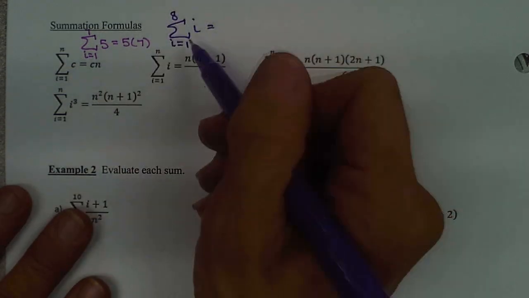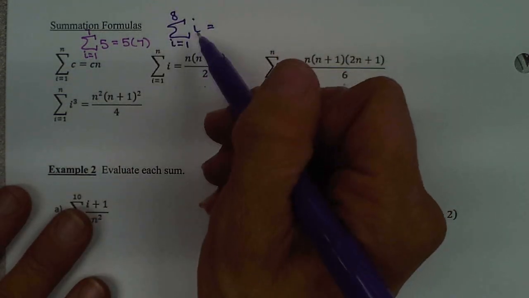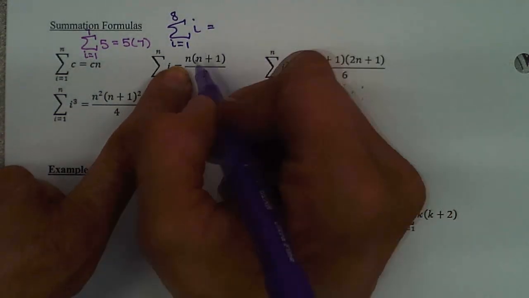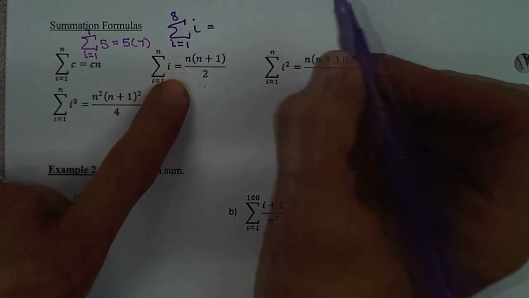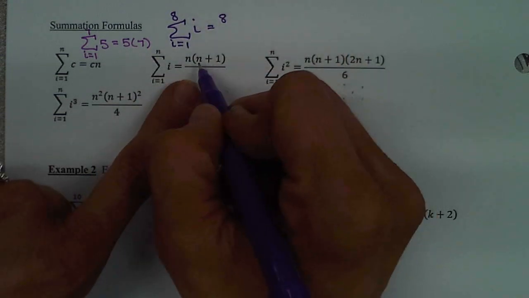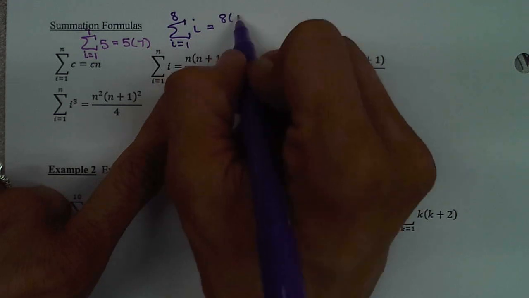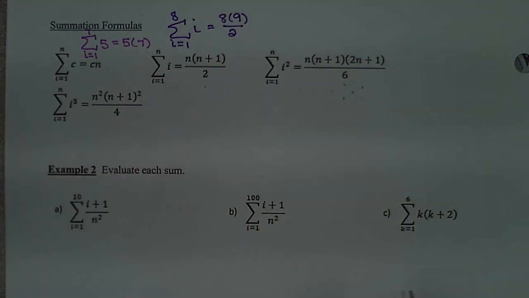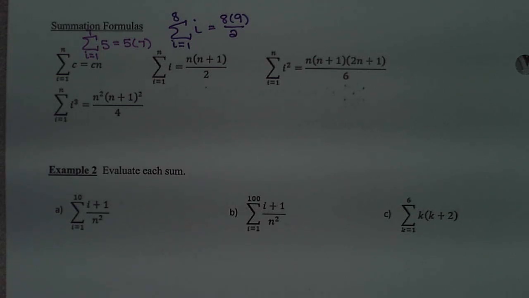That would be like taking 1 plus 2 plus 3 plus 4 plus 5 all the way up to 8. If I use the formula, first it's just the n, which for this is an 8, times n plus 1, so 1 more than that number, which is a 9, and then divided by 2. That formula will give us what 1 plus 2 plus 3 plus 4 all the way out to 8 would be.